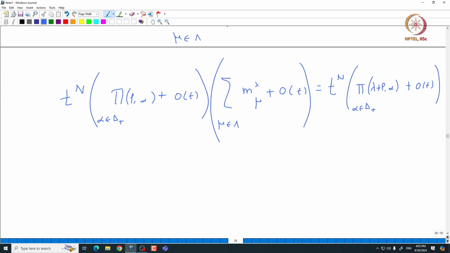Now, you can cancel t^n on both sides and then set t goes to 0.